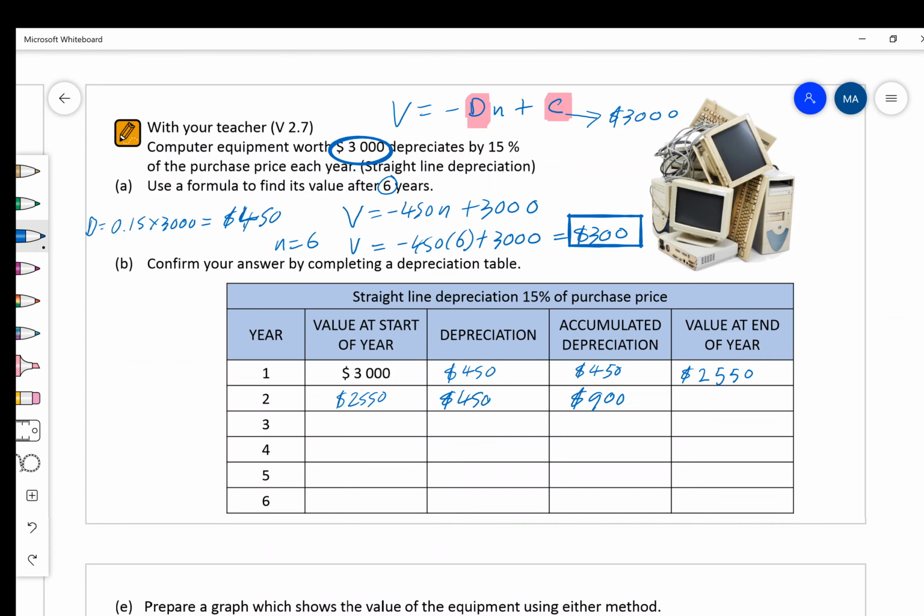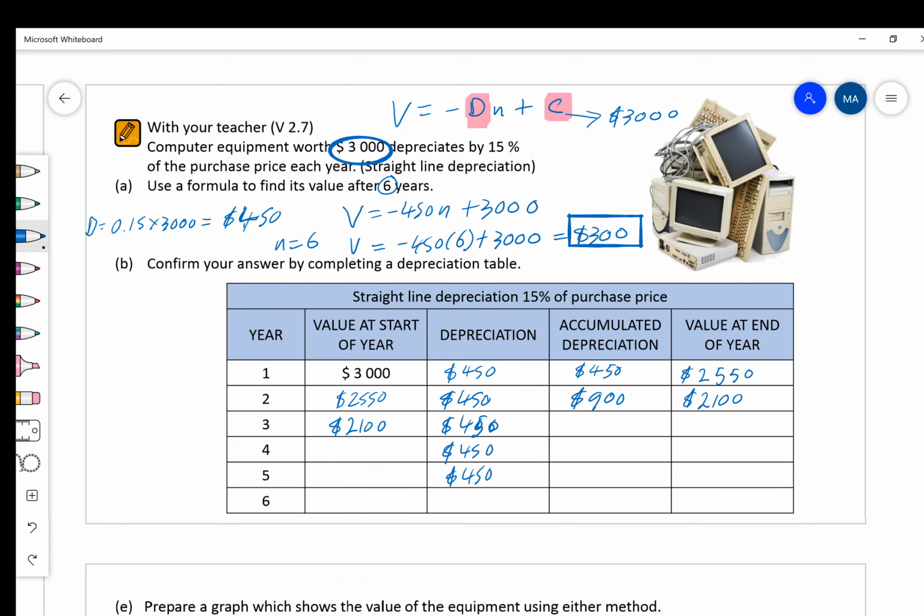When we take another 450 off, we're now down to $2,100, and that carries over to the next year. All of these depreciations are the same, but the other columns are going to change.